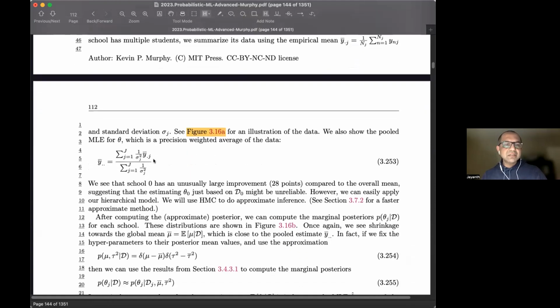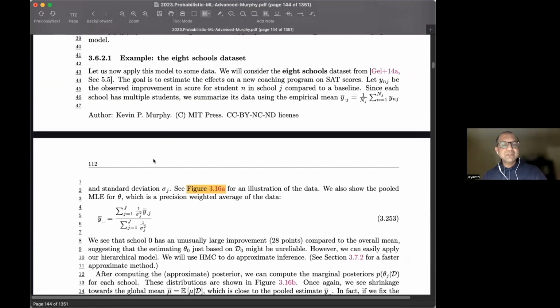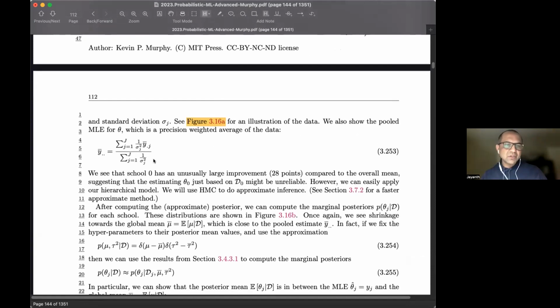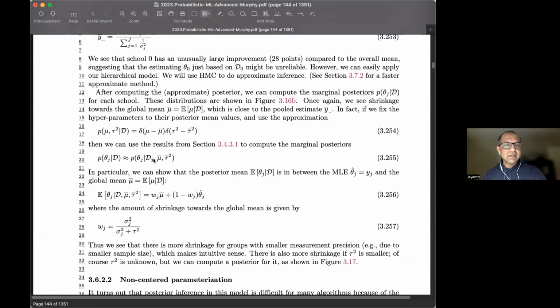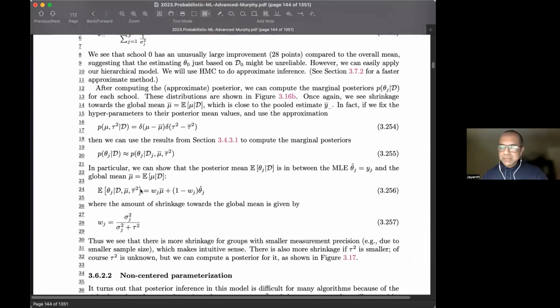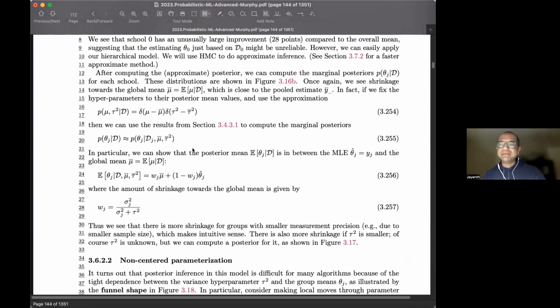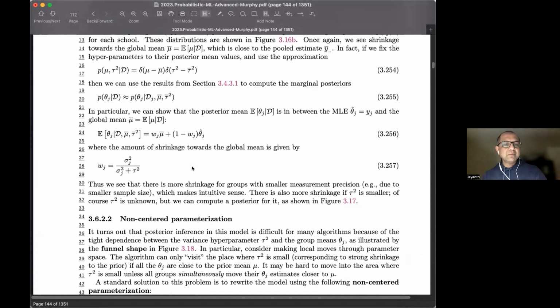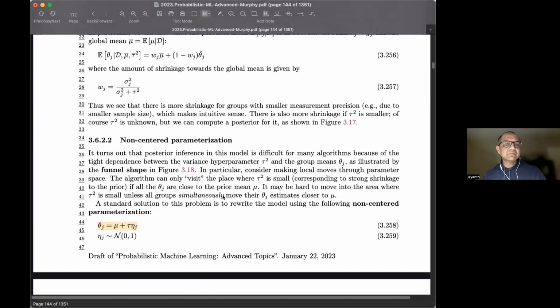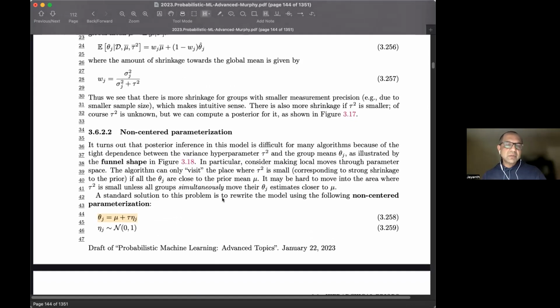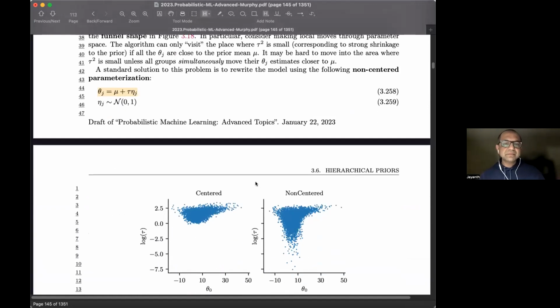They apply this to the 8 schools data set. We just saw that figure. I didn't follow all of the math here, but the idea is the same. He also talks about a non-centered parameterization for the data that we just saw.